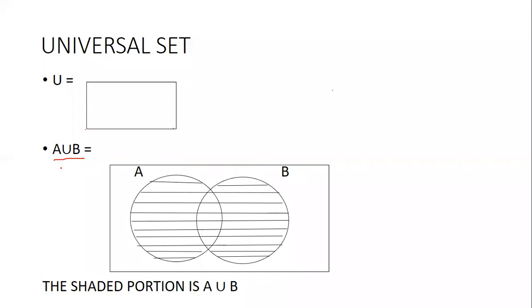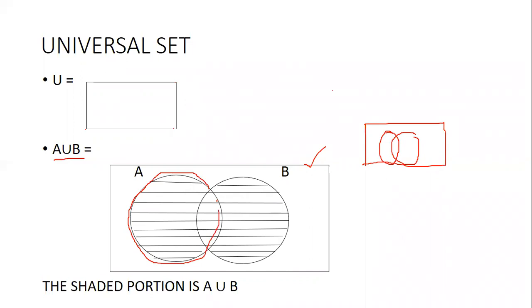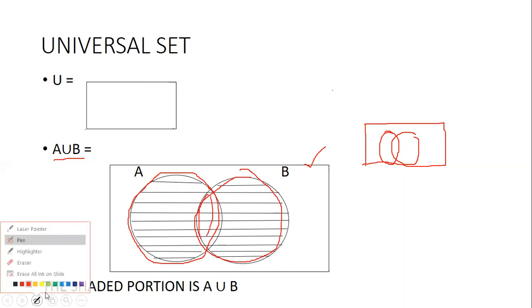When we are representing A union B, firstly you are supposed to draw a universal set. Inside this universal set we have two sets, A and B. This is one circle, and this is the other circle, and both circles overlap here.